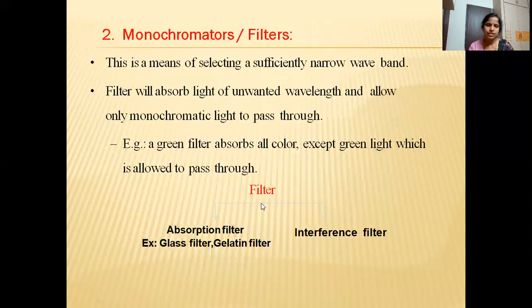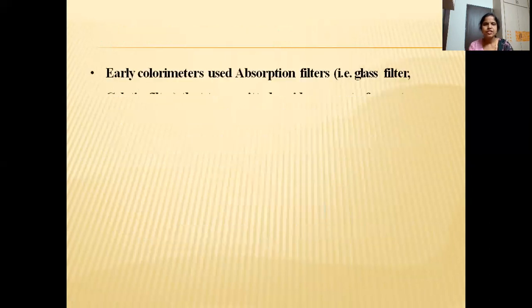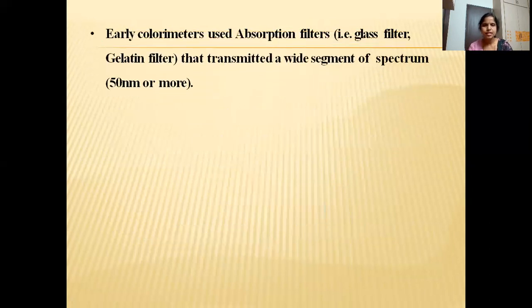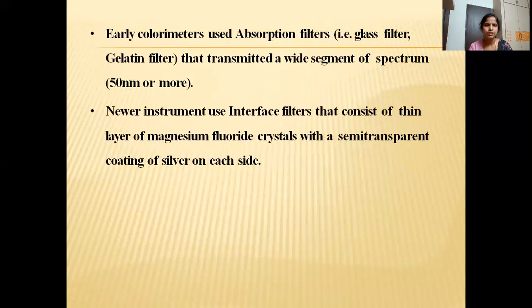We can also use filters. Two types we have here: absorption filter and interference filter. Examples of absorption filters are the glass filter and gelatin filter. The main difference between these two is that an absorption filter has a wide spectrum, around 50 nanometers or more, meaning the wavelength width is more than 50 nanometers.